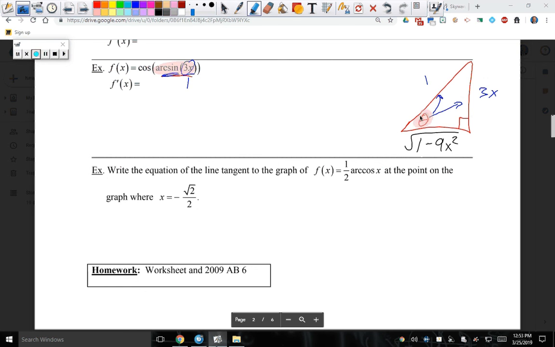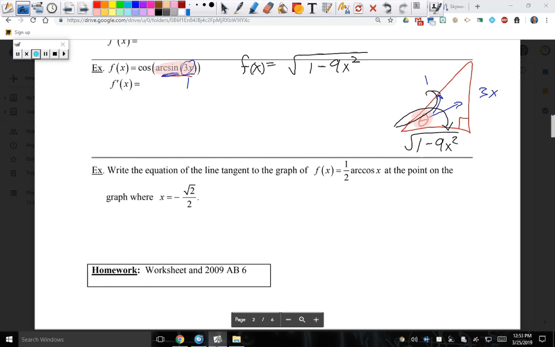The angle. So if I take the cosine of the angle, that means it's the adjacent over the hypotenuse, which is really adjacent over 1. I haven't derived a thing, I just rewrote it. That's what Krishna was suggesting that we do.